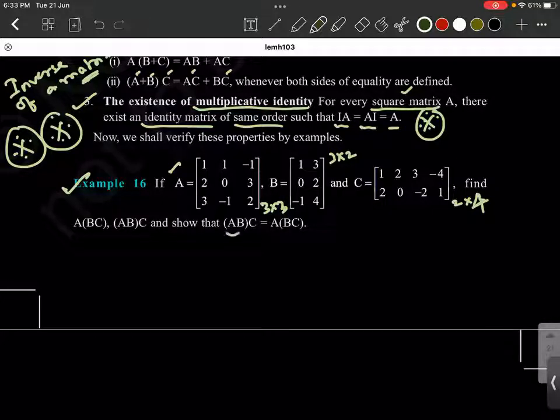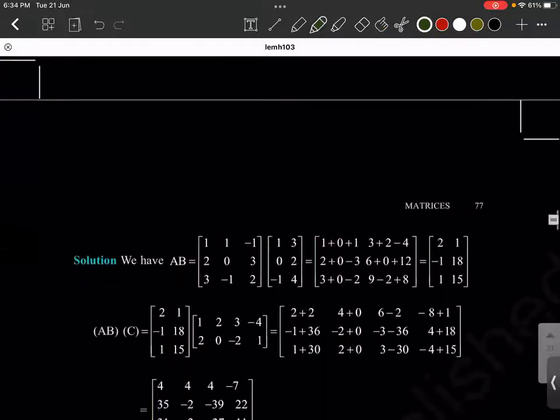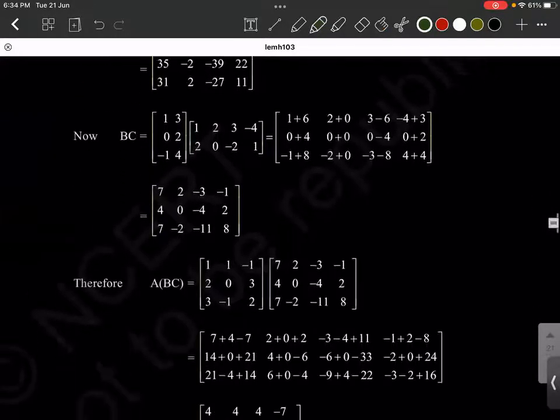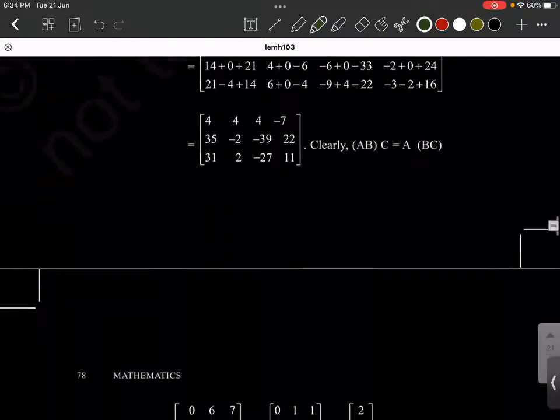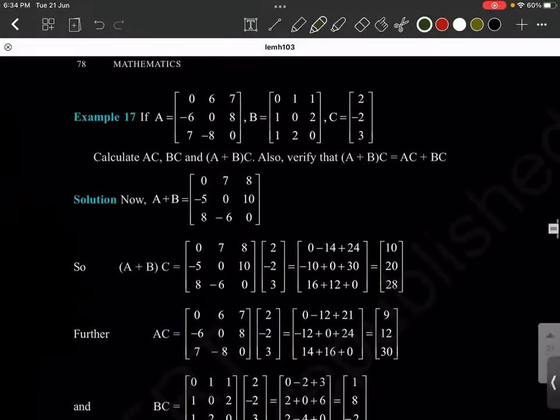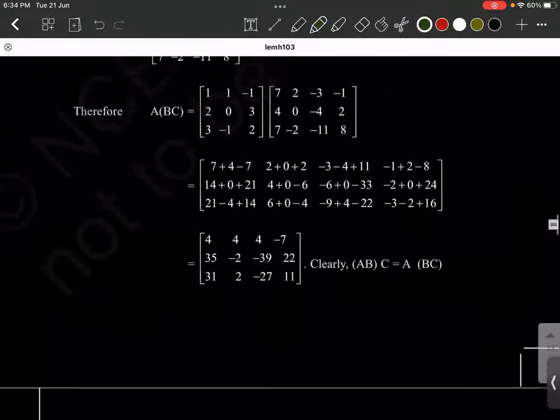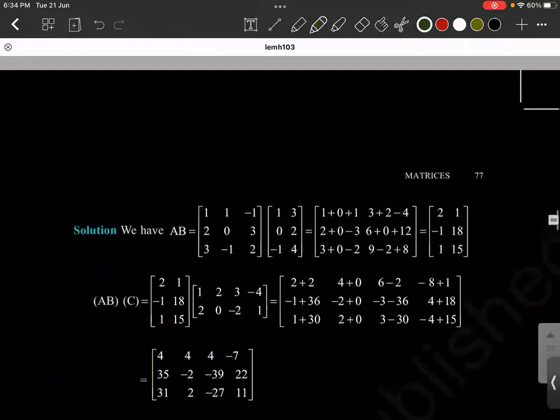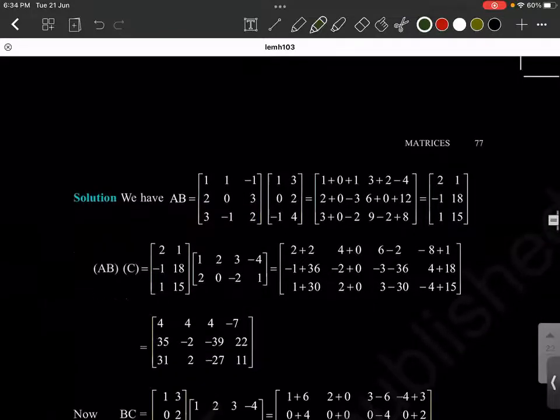So are you guys getting this, AB into C is equal to A into BC? Guys, you want me to do or you're able to do? At least message me, no?